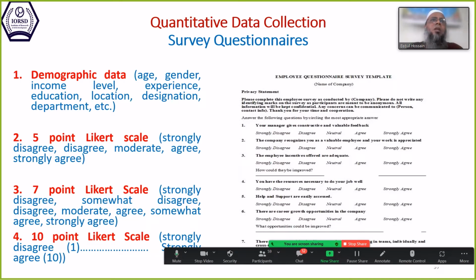But she was arguing, because she doesn't have the proper statistical knowledge. It might affect her study. So I would suggest you, before preparing your questionnaire, talk with a very good statistician.